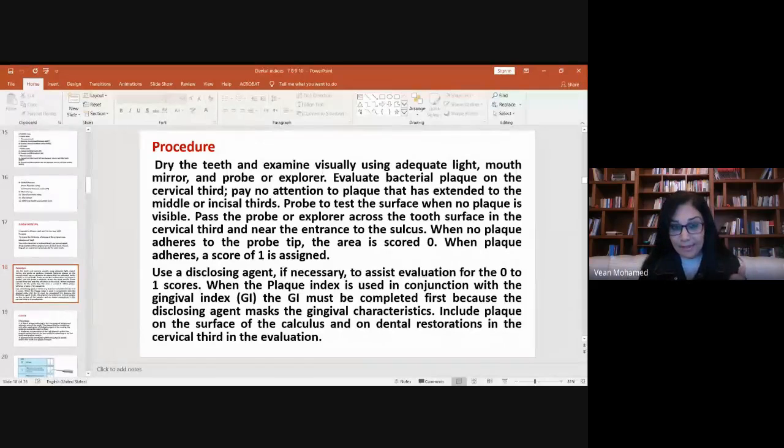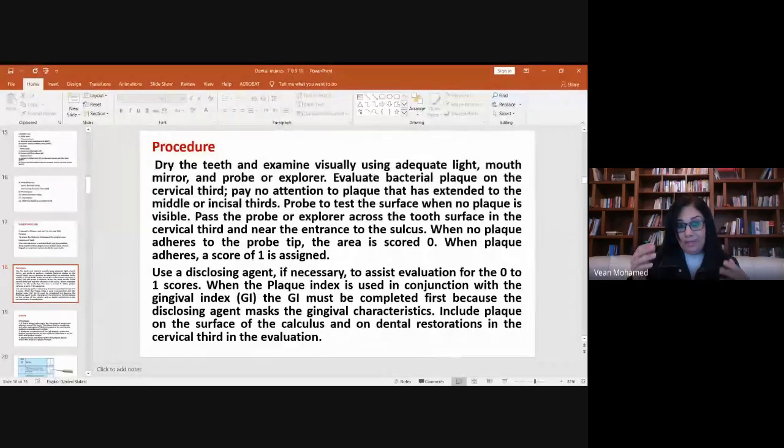When plaque adheres, a score of 1 is assigned. When we move the probe on the tooth surface, the gingival third, and see that there is something on the probe, a very small amount, it means 1.